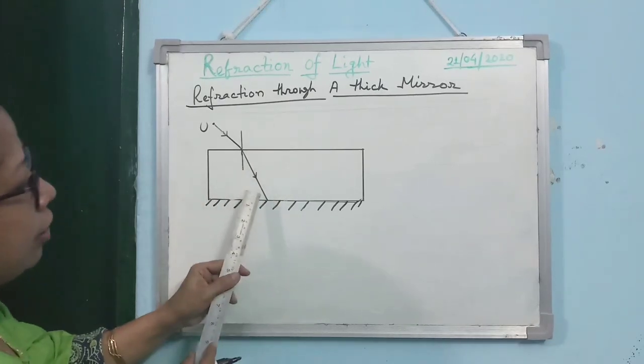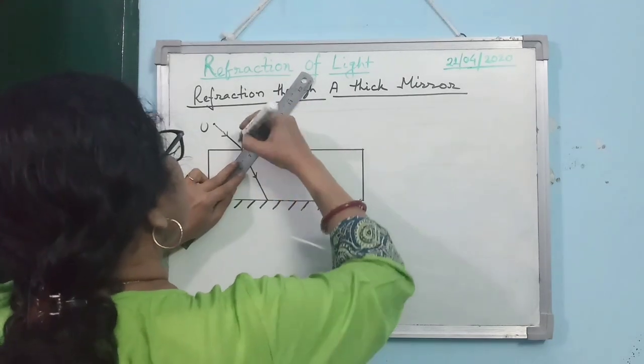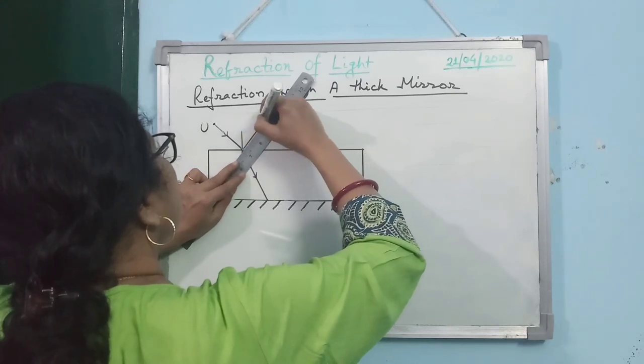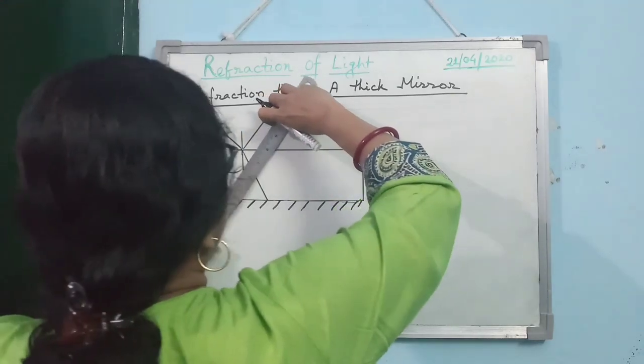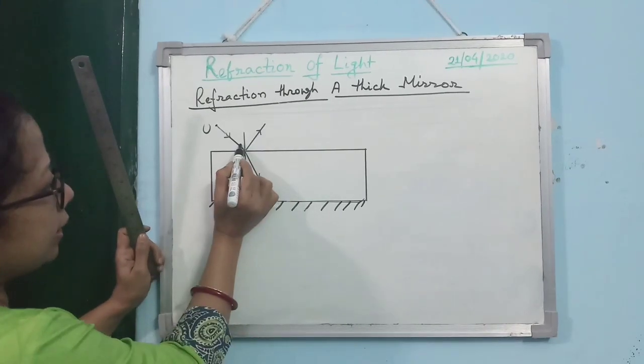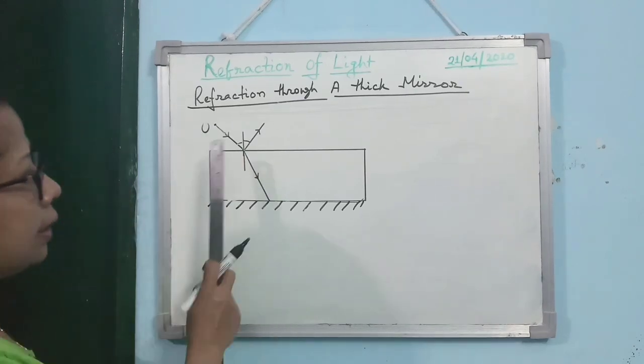Light will refract here and certain amount of light will suffer reflection also. So you see when you are drawing the diagram, take care, when it is suffering reflection, then these two angles should be equal. You should draw the diagram that way.